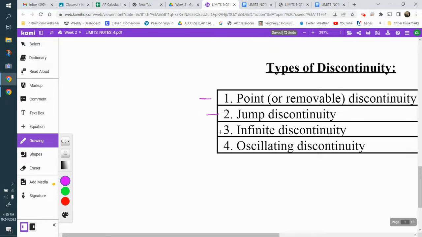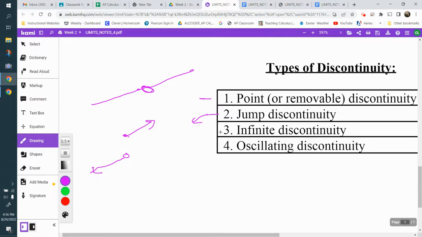So point discontinuity just means there's a break in the line. It's like I've got a line and there's an open circle in the middle of it. That is a point or removable discontinuity. It's like an ice cream scoop came along and scooped that out. Now jump discontinuity is what we just talked about. I have one here and I have an open one here.